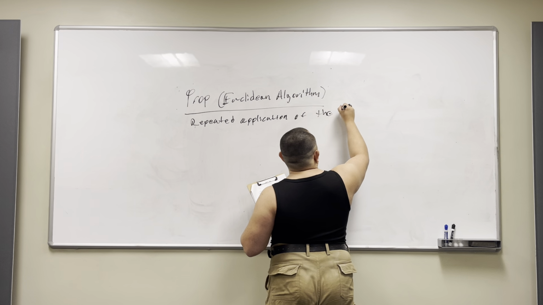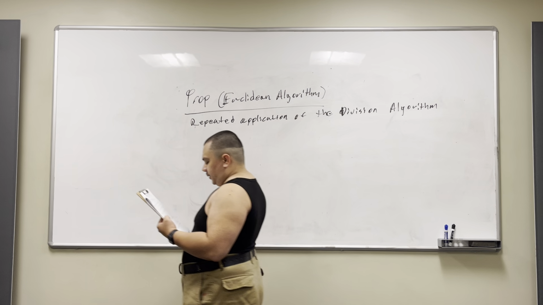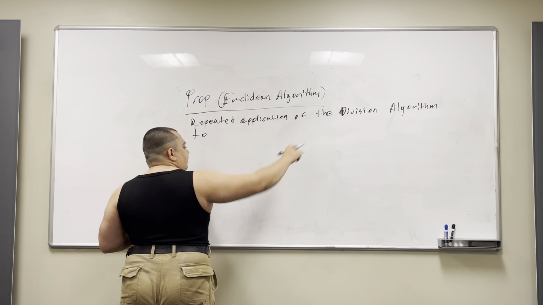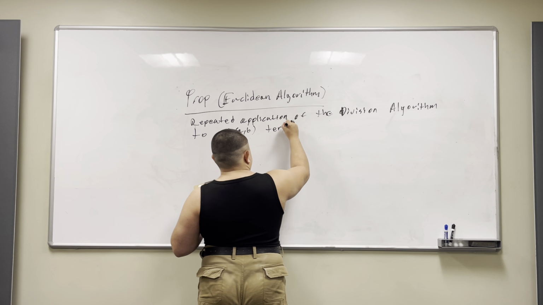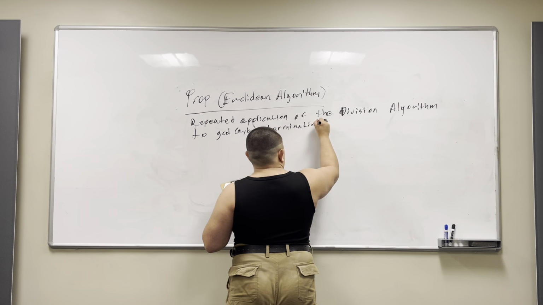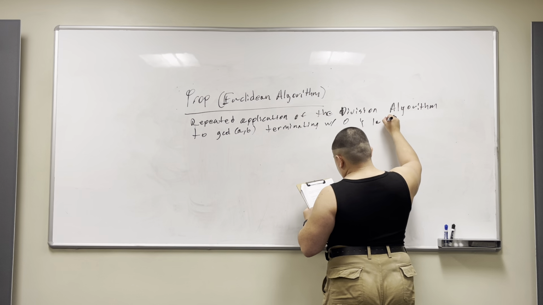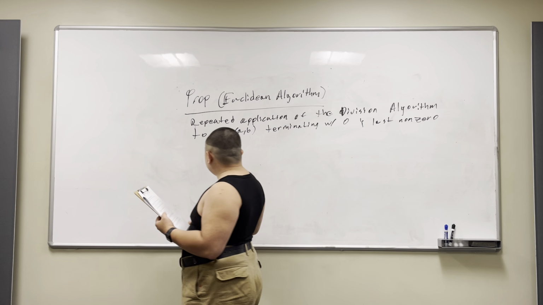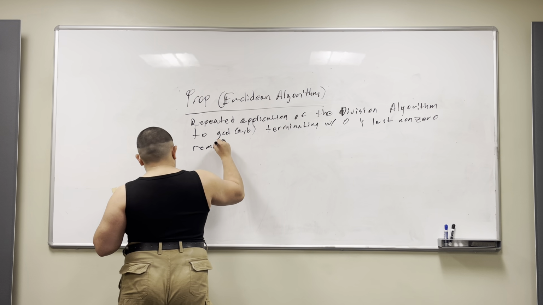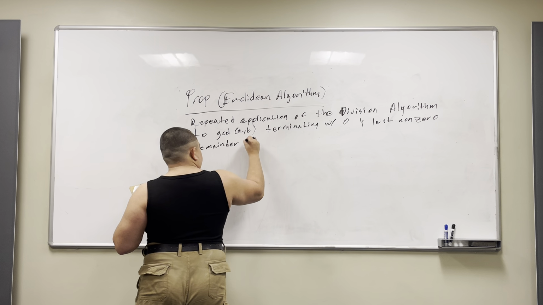Whenever I was making these notes, it was like, okay: repeated application of the division algorithm to the GCD of A and B, terminating with 0. The last non-zero remainder is equal to the GCD of A and B.